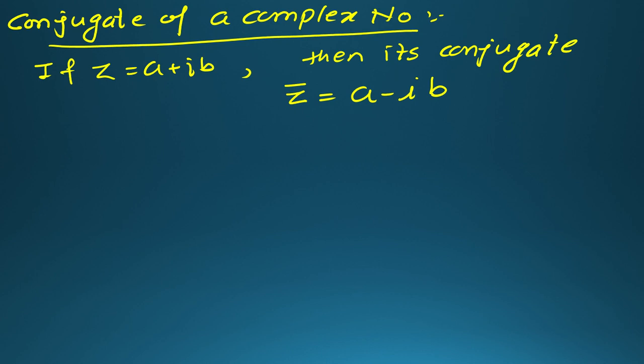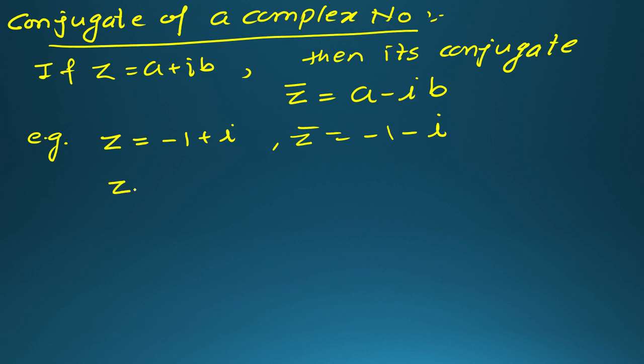Simply, in place of i you have to write minus i. Okay, you can say i will be replaced with minus i, and that will be the conjugate. For example, if z is equal to minus 1 plus i, then z bar will be equal to minus 1 minus i. Just replace i with minus i.